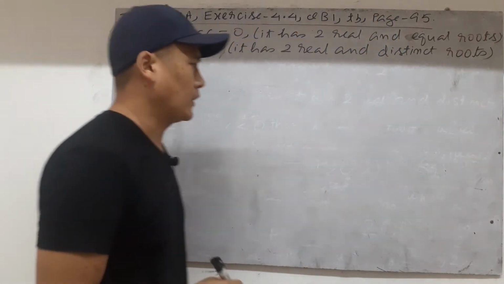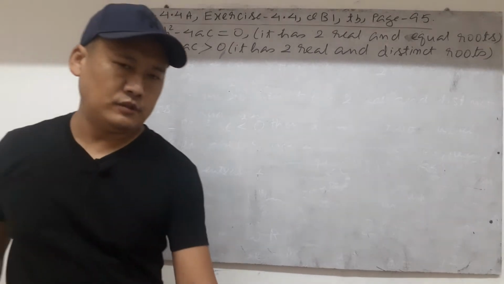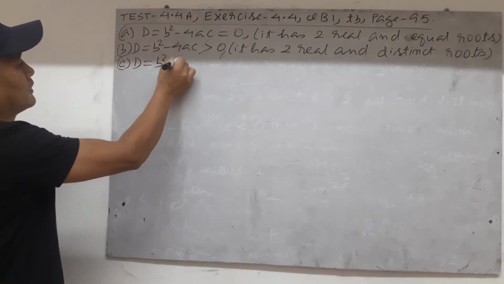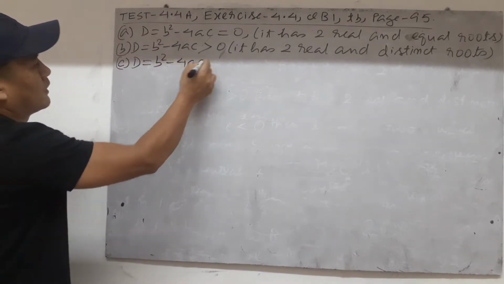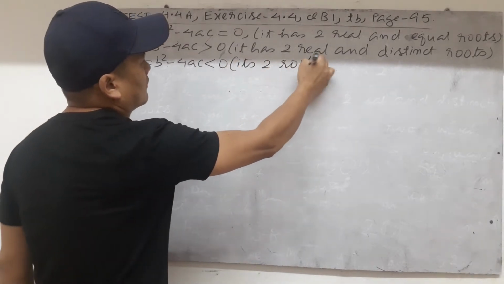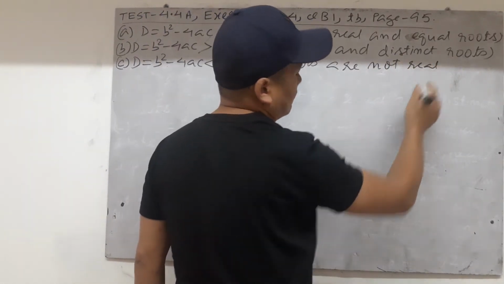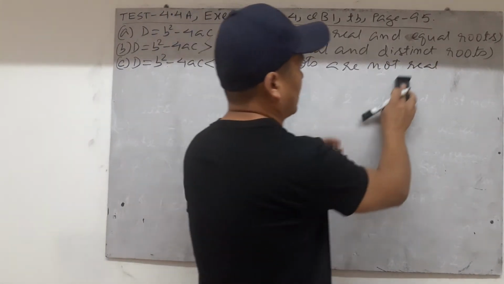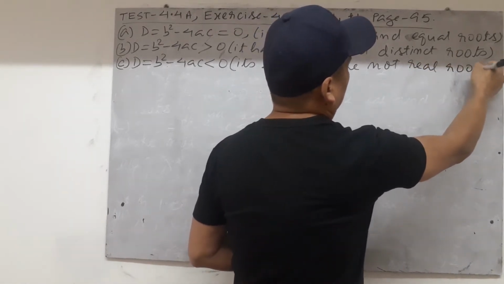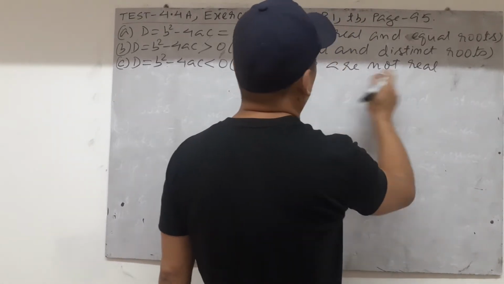Second condition that we're going to use. I'm just writing in short so we can refer to these three conditions as we solve, because we're going to need them. The third: D equal to b squared minus 4ac is less than 0, then its two roots are not real. So the only condition where we wouldn't get real roots is the third one. The first two will produce real roots.